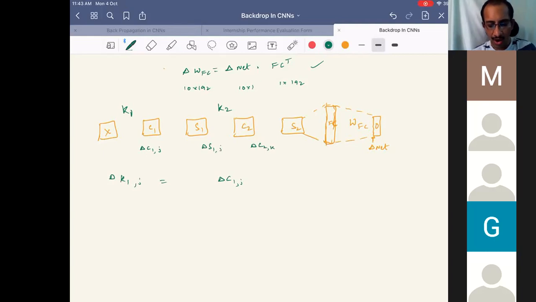Then if I want to write delta kj, I need some operation between this one and what? What is the other parameter that is involved in writing this? It is x. That's all. So we can see that it is the flipped version of x, convolution with delta 1 ck.